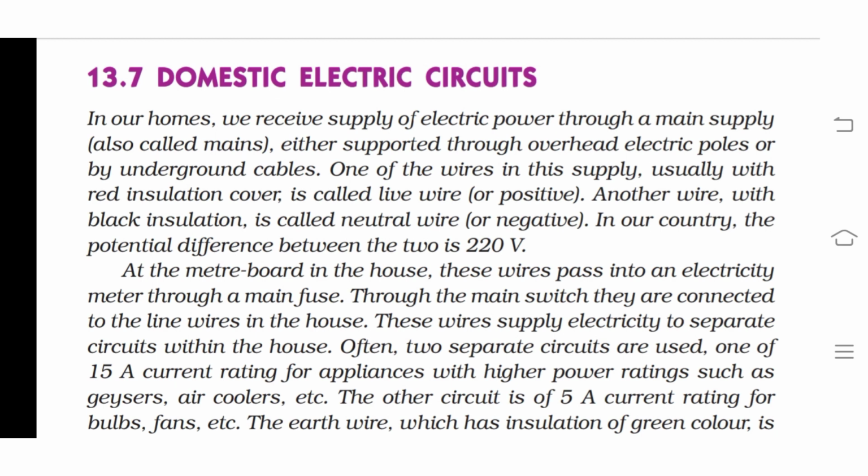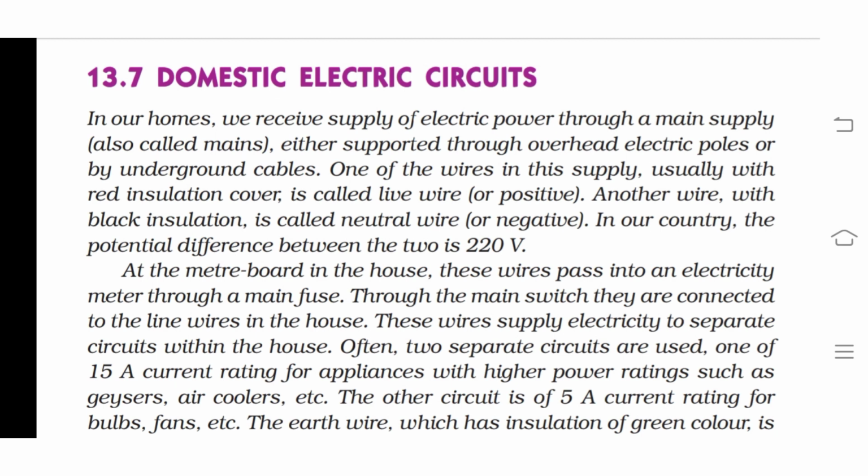When the power comes from the electric power station, it enters the transformer, and the transformer distributes the current to the homes. Whenever the power comes from transformers, it is AC, that is, 220 volts.